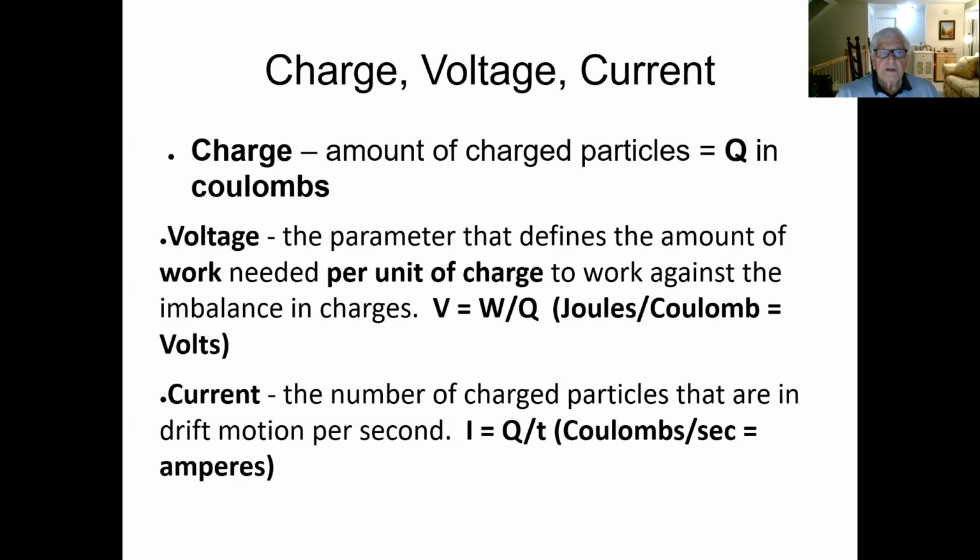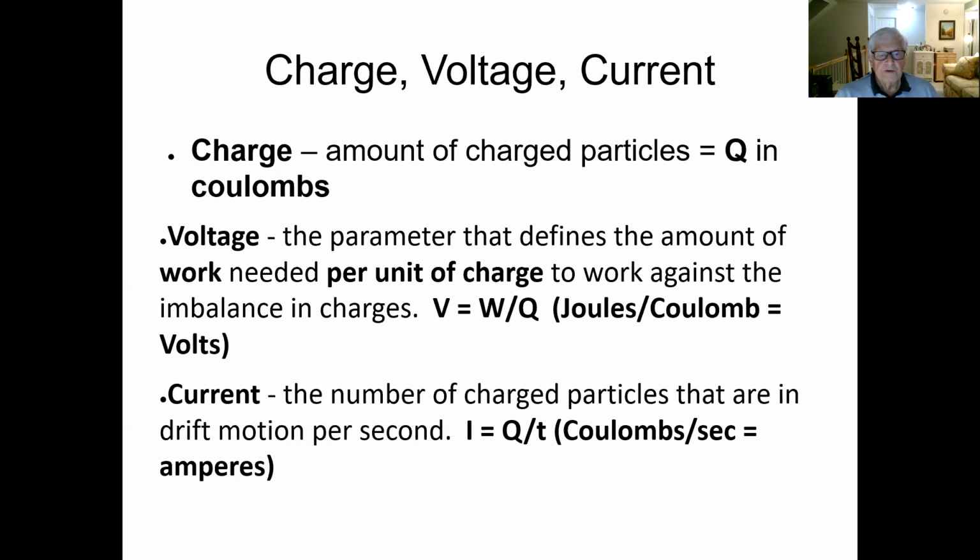Voltage is a requirement that's needed to get some current to flow. So it defines the amount of work that's needed per unit of charge. So V equals W over Q, where W is the work and Q is the amount of charge that's used to carry that work.